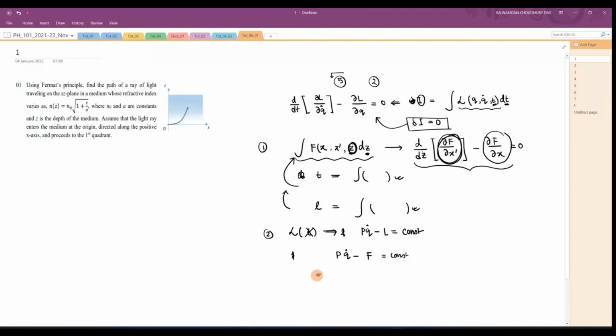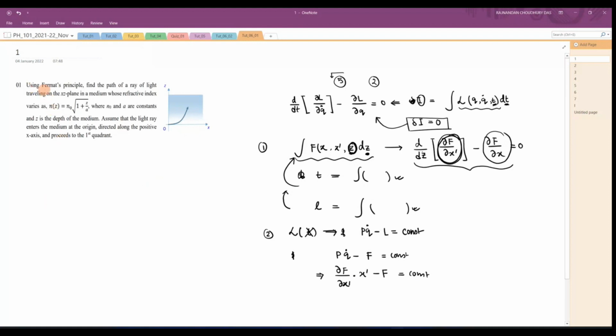Your p in such a case will become ∂F/∂x prime, just like ∂L/∂q̇, times x prime, minus F, which will be constant if F does not have direct z dependence. These two points are clear? Are you guys with me? Yes, bhaiya. Okay. Only with these two points we will solve all the first five problems.